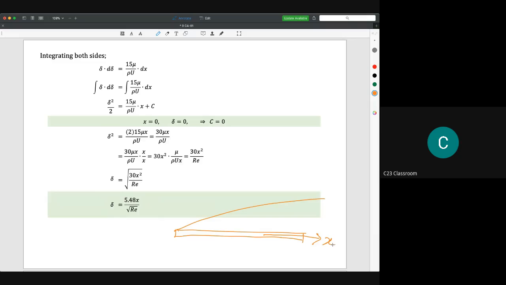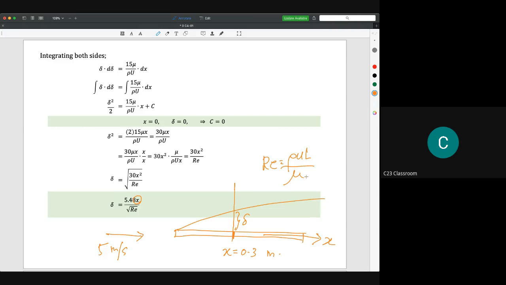If you want to calculate the boundary layer thickness here, we have a delta at x equals 0.3 meters, for example, and a certain velocity of 5 meters per second. Then you could substitute x equals 0.3 and calculate the Reynolds number at this point. The Reynolds number is rho u L over mu.